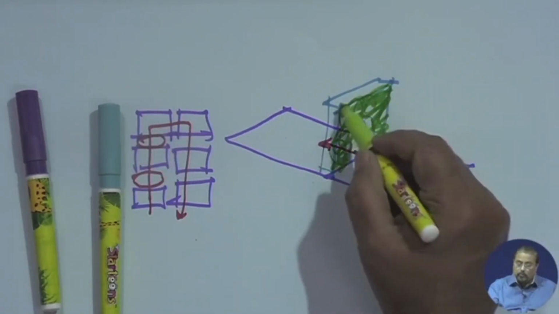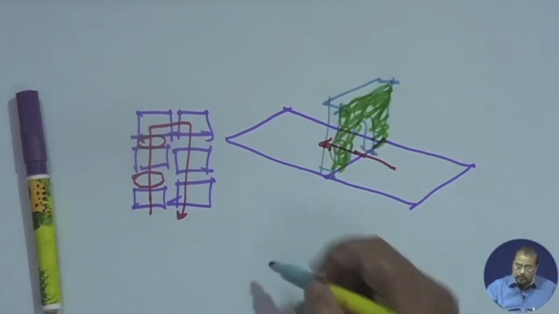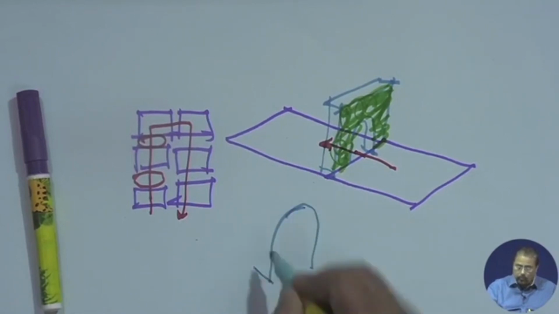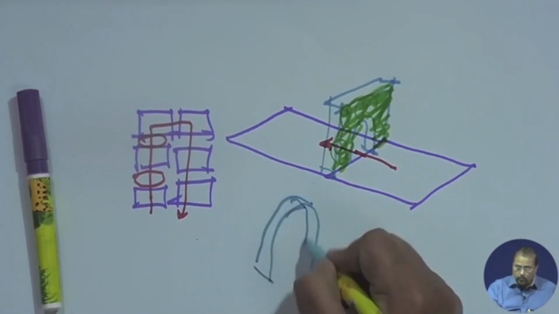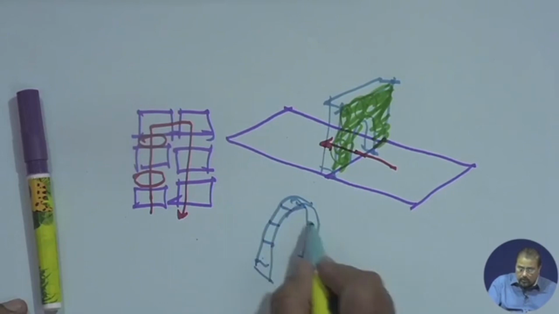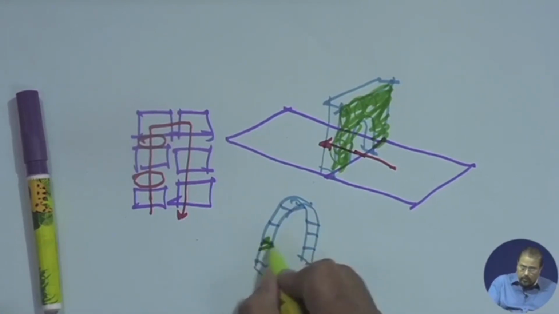If you want, instead of giving this kind of shape, if you give a shape like this, this is nothing but an arbor or trellis. I have explained this earlier in terms of elements, and then you fill it up with vegetation.